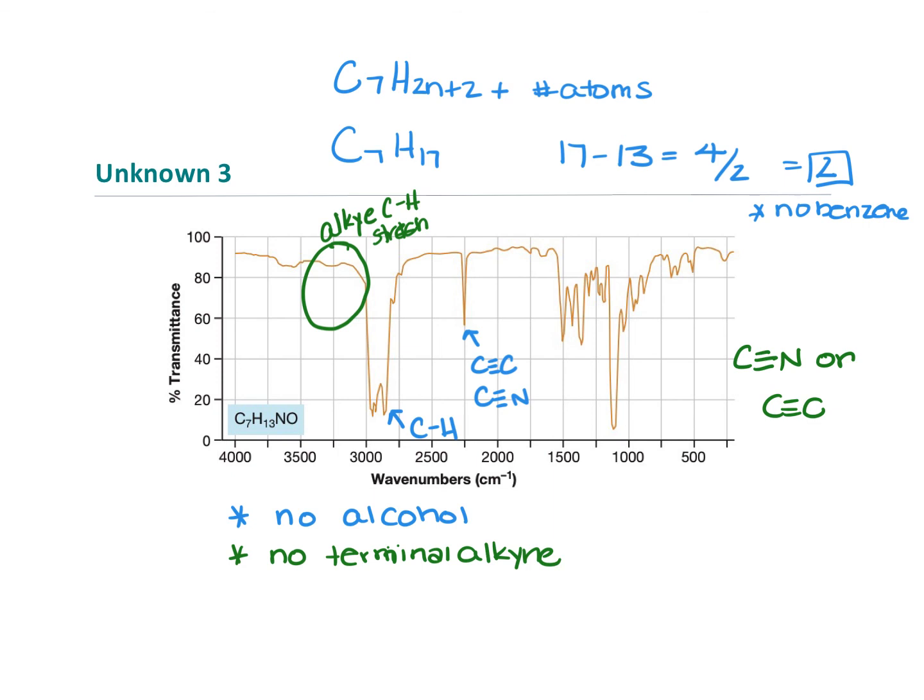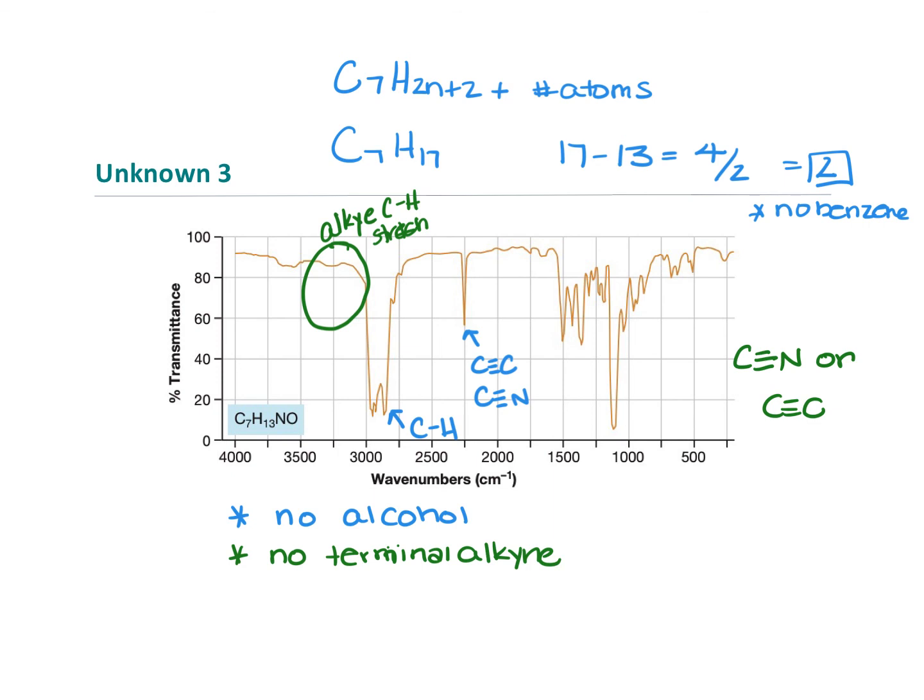So at this stage, I would say that's all you can get. You can play around with a few structures if you want, but I would say then you would say, look, we're either going to have a carbon triple bond nitrogen or a carbon triple bond carbon.